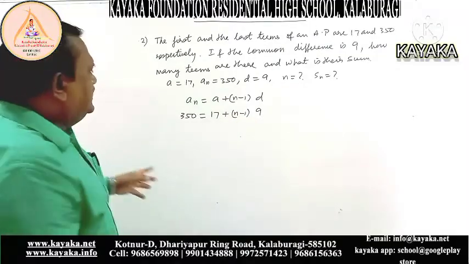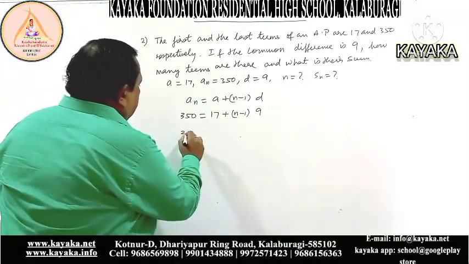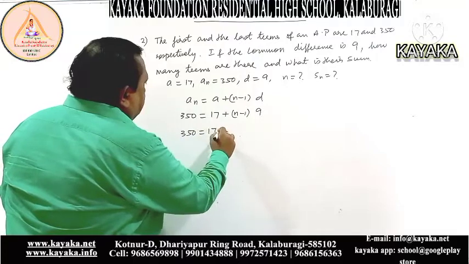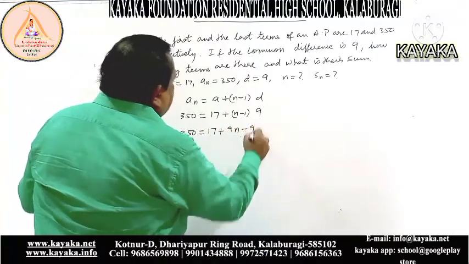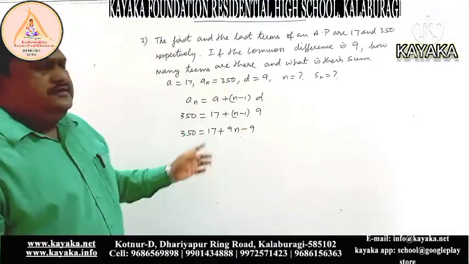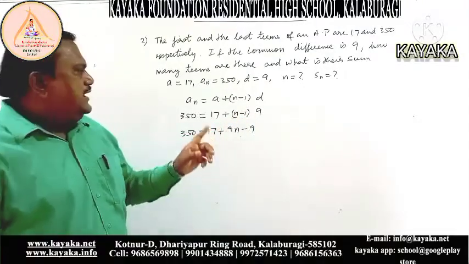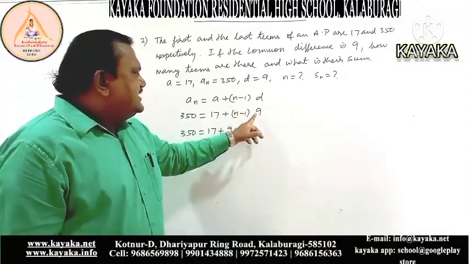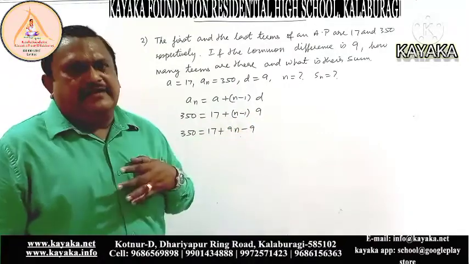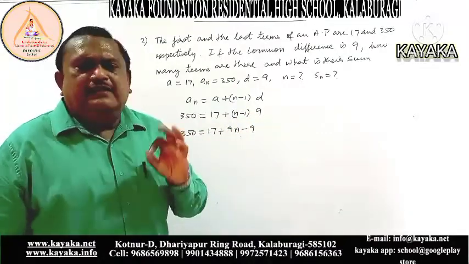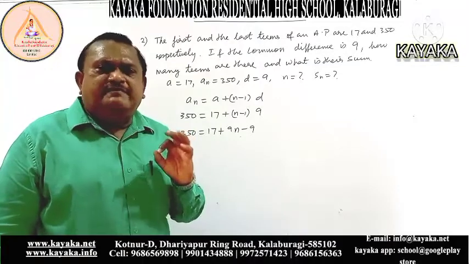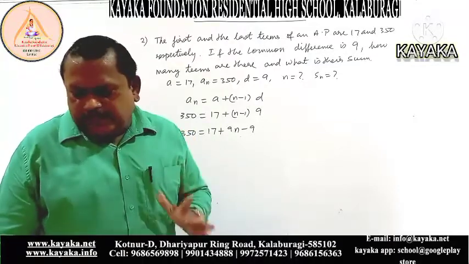If you open the bracket, you will get 350 will be equal to 17 plus 9n minus 9. Open the bracket, 9 into n, you will get 9n. Again, plus into minus, you will get minus 9. That is very important, the minus sign. Whenever you get a minus sign, you have to be very, very careful. You have to do it properly.